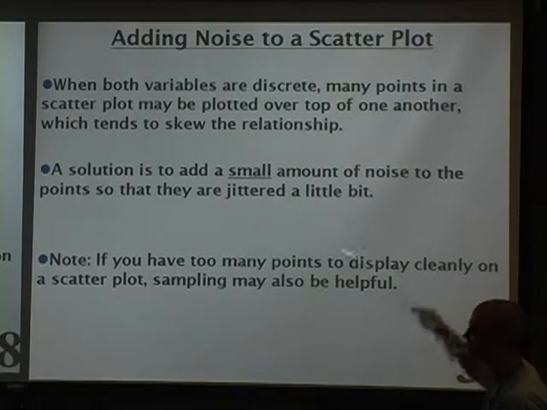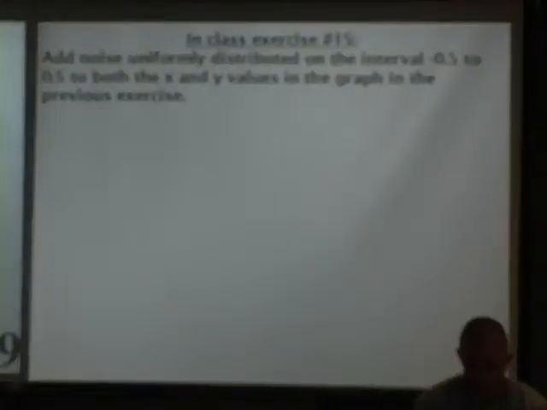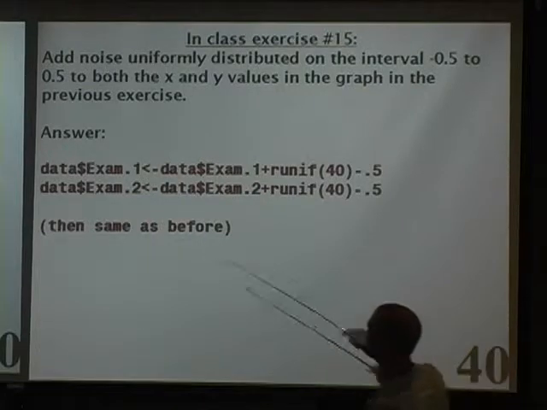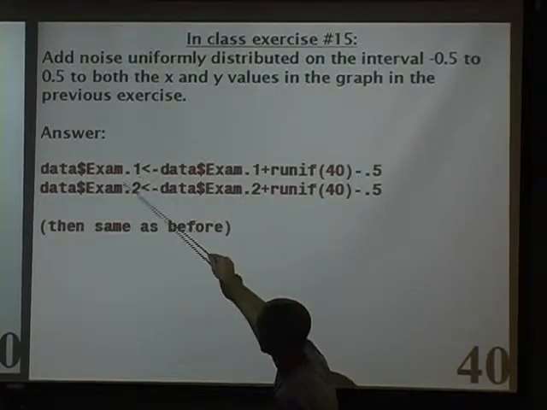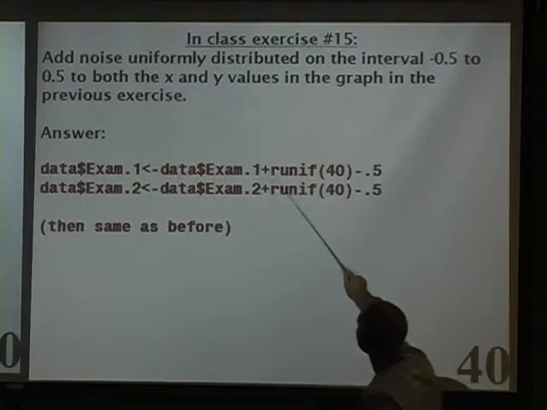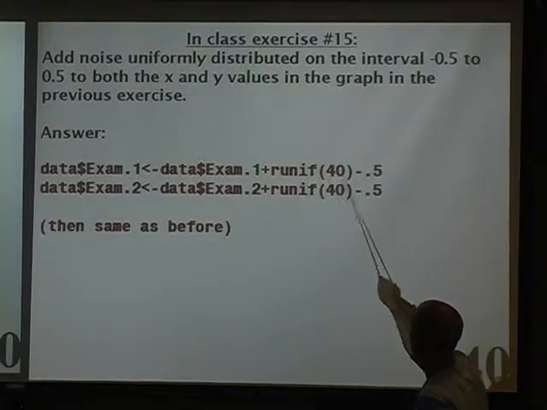But let me show you this first case with the jittering, because this, of course, is really easy to do in R. Suppose I just want to add uniform noise to both x and y, uniform negative 0.5 to 0.5. Well, all I would do is overwrite exam data $exam1 and data $exam2 with the same thing, but R uniform generates uniform random numbers distributed on 0, 1, and this argument is 40, right?